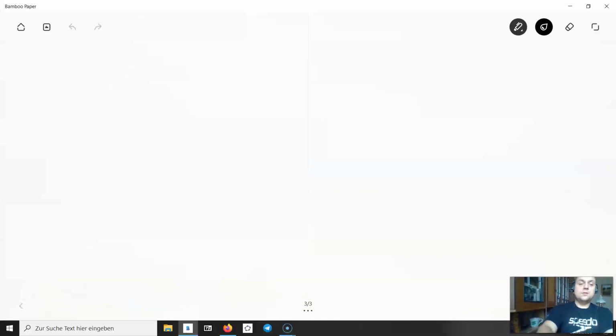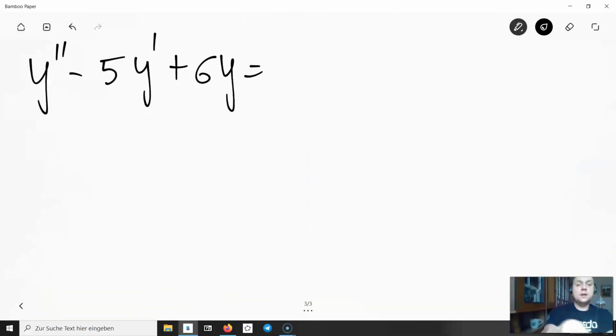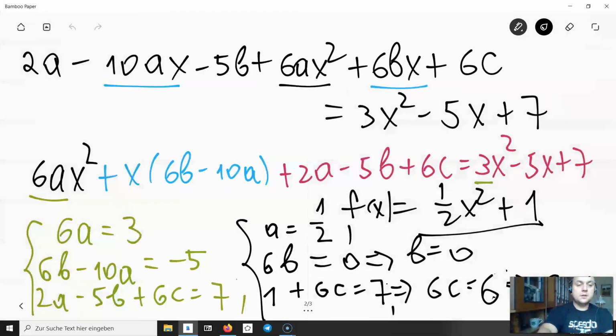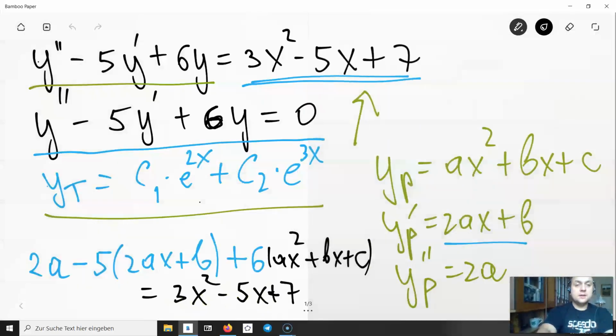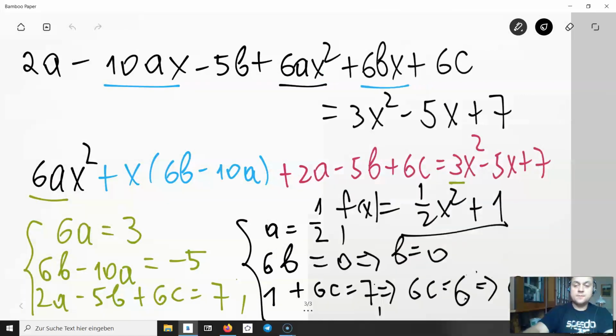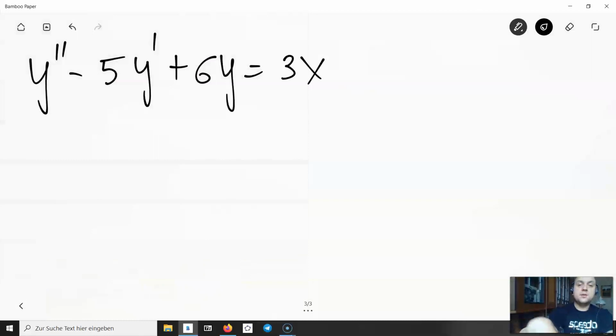We wanted to solve y second prime minus 5y prime plus 6y equals, let's have a look, correct? Yeah, it seems to be correct, 3x squared minus 5x plus 7. I just invented it.